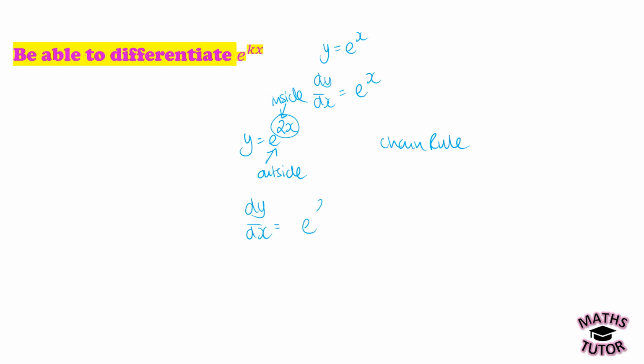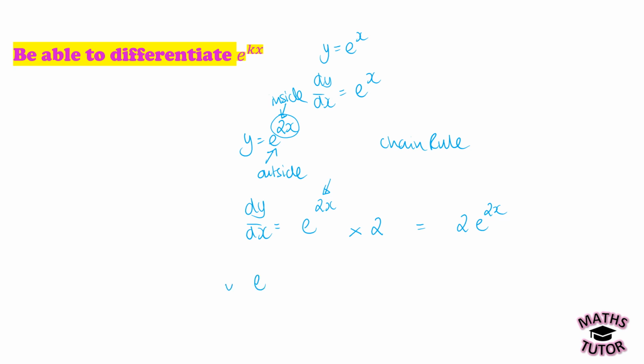It would just be itself, so we leave alone the inside. Now, because this wasn't just e to the x, it was e to the 2x, we then have to multiply by the differential of the inside function. So that's going to be times by 2. So it's going to be 2e to the 2x, and that is how you differentiate.